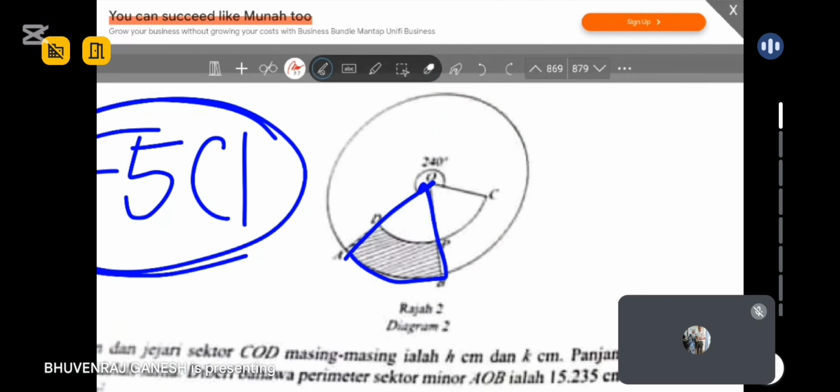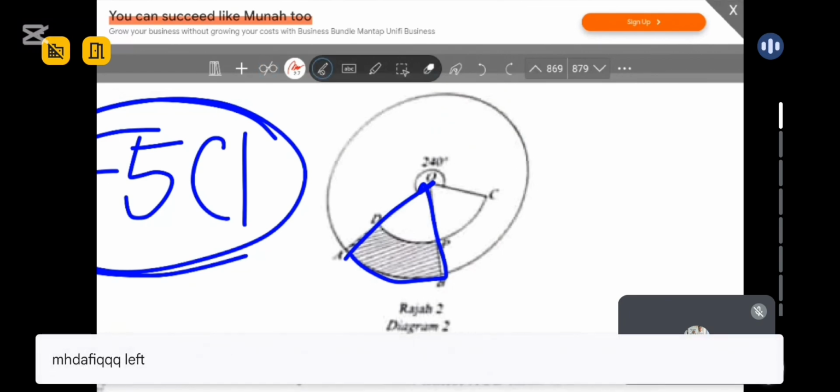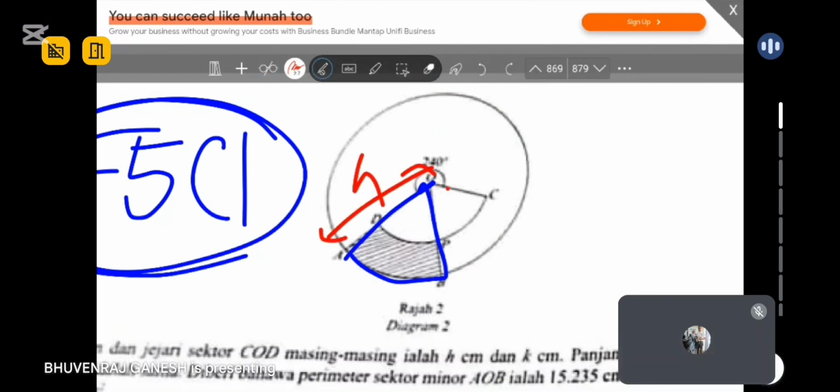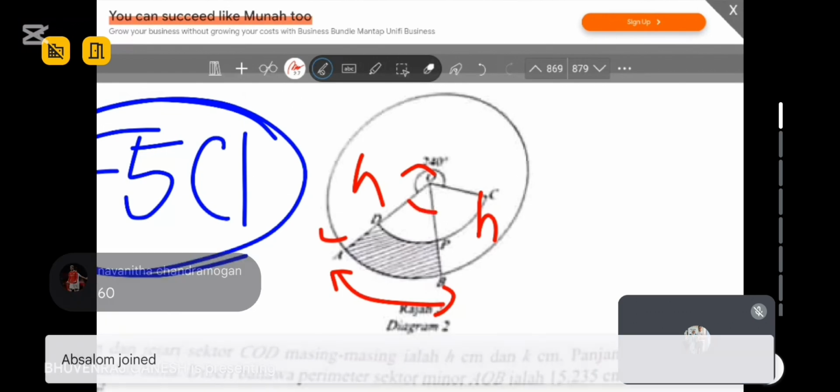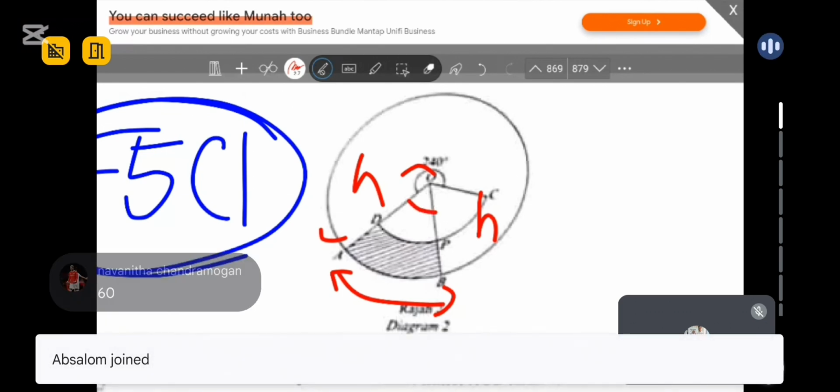Okay, so they already tell you the radius is H. Means this one is H. This one also H. Okay guys, may I know what is this length? Apa panjang yang ni? You can use the formula for length of arc. Panjang lengkok. First step, what is the angle for the red one?